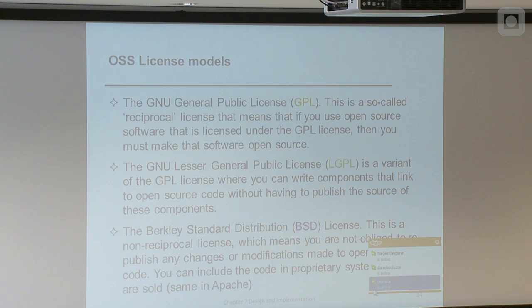That's why GPL is called viral, because GPL says if you use this, okay, please use it, but what you do will have to be GPL. Then you have the LGPL, which says, okay, you can write a component that links to open source without having to publish the source of this component. So it's less restrictive.